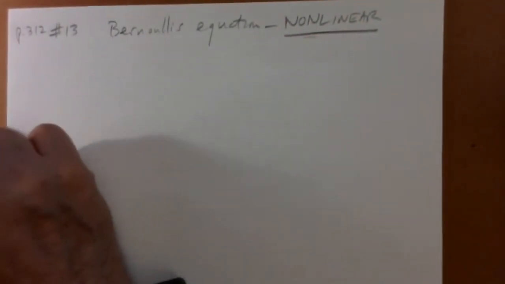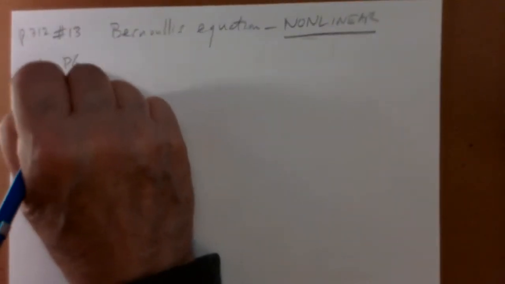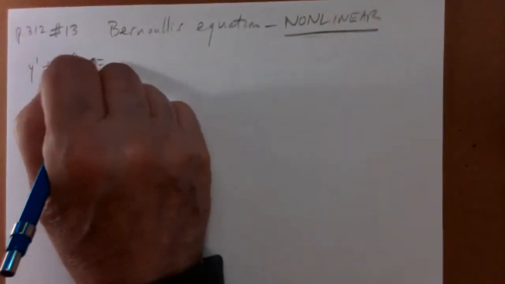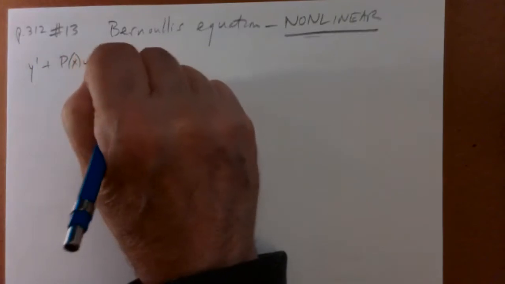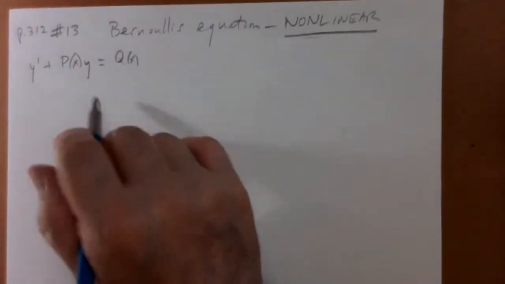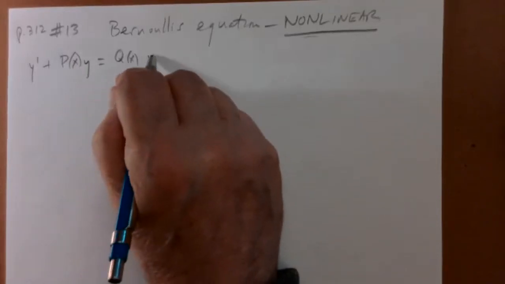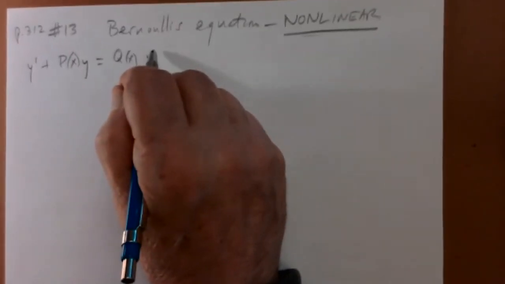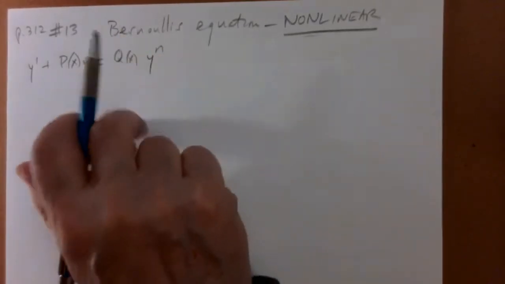So Bernoulli's equation has the form, it's a first order differential equation, y prime plus p of x y equals, now if it were just equal to a function q of x, this would be a non-homogeneous linear equation. But it's q of x y to a power n. If n were 0, that would just be 1.